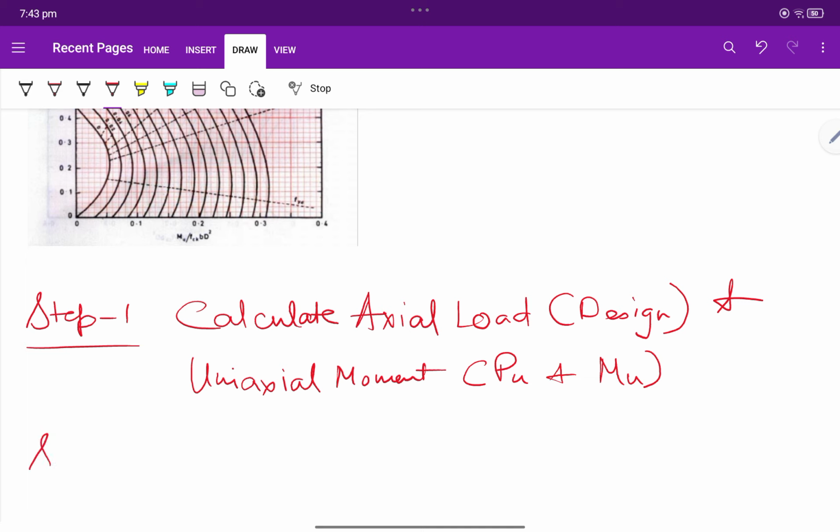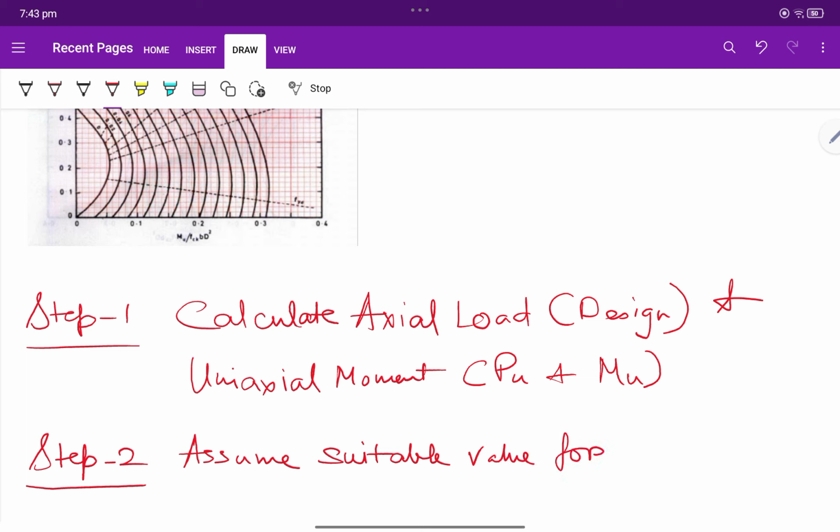Step two will be, if it is not given, we have to assume a suitable value of breadth and width. Assume suitable value for b, d.